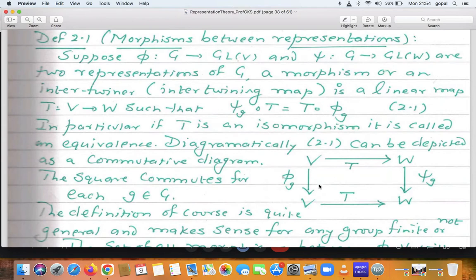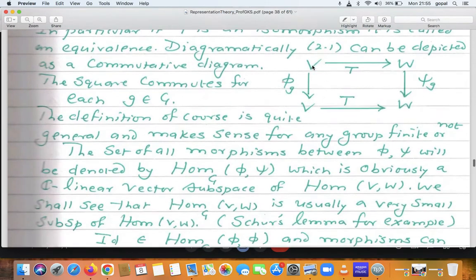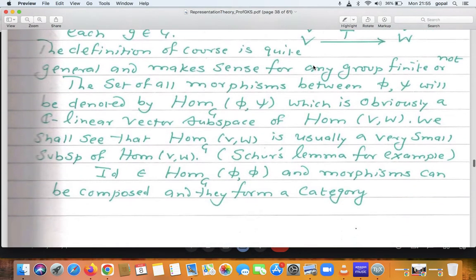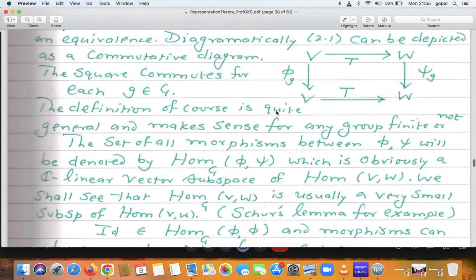So we can talk about morphisms between two representations. The definition is of course quite general and makes sense for any group, finite or not. The set of all morphisms between two representations phi and psi will be denoted by Hom_G(phi, psi), which is obviously a C-linear vector subspace.